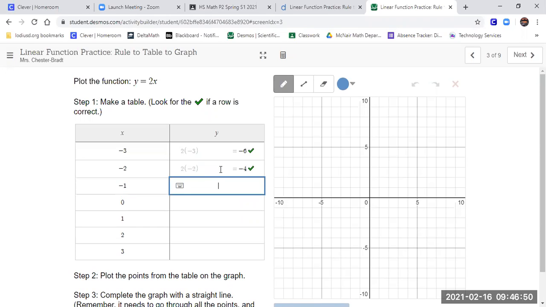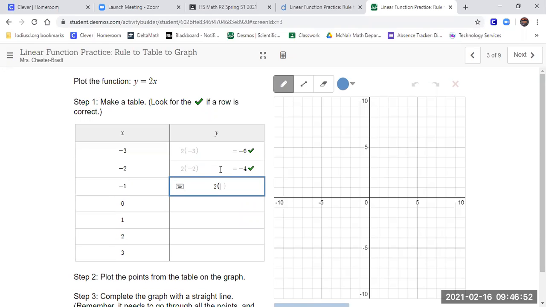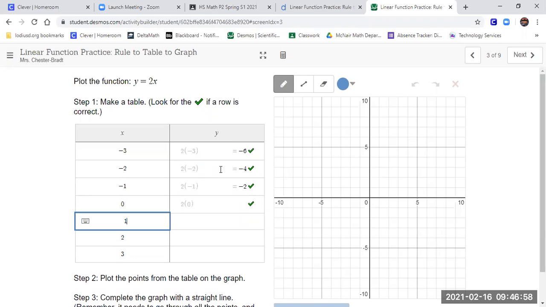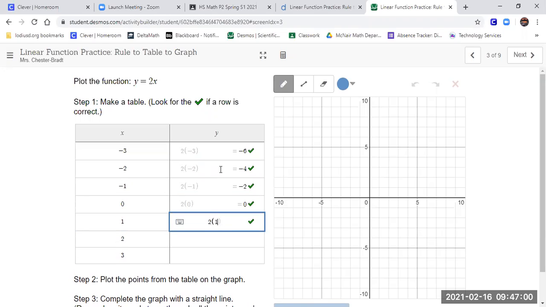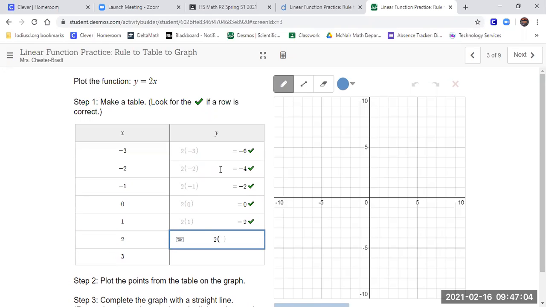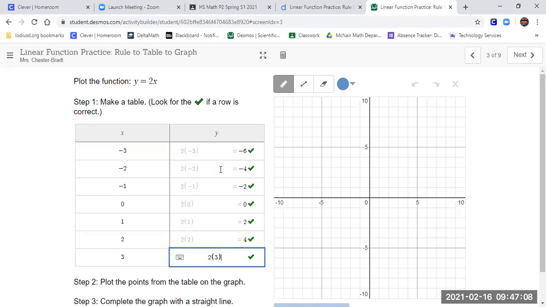Got the check mark, that's good. So the only thing changing is what's in parentheses, because what's in parentheses stands for your x.